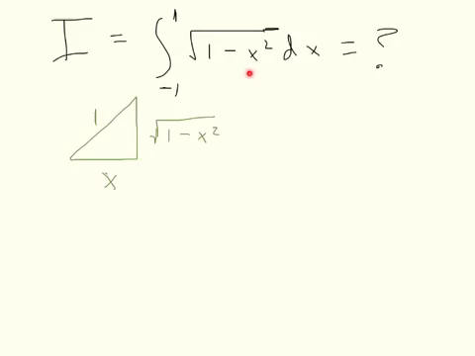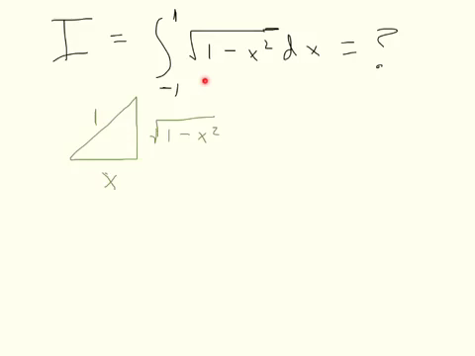What was the clue we needed a trigonometric substitution? It was this square root symbol with something being subtracted or added on the inside. And so we want to make an edge of a triangle that has this length, the square root of 1 minus x squared. So there's a minus. That means this is not going to be the hypotenuse. If there were a plus, this would be the hypotenuse.